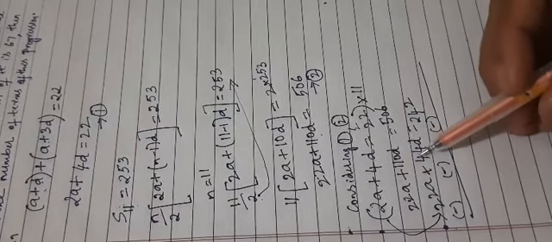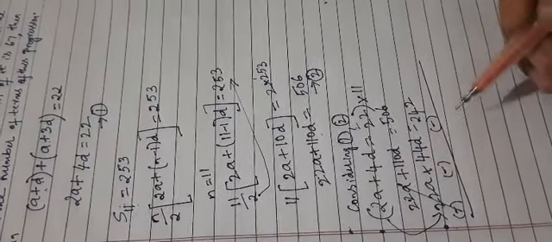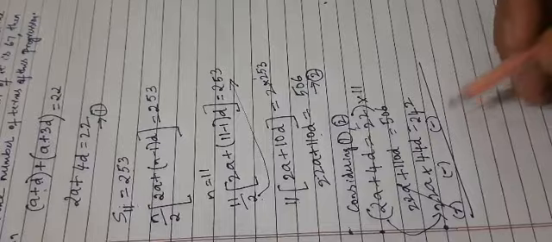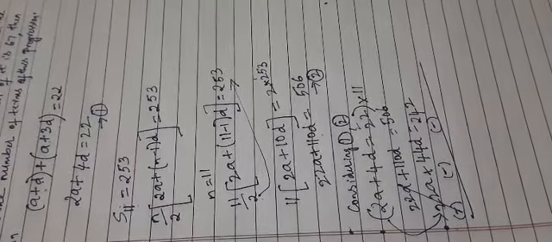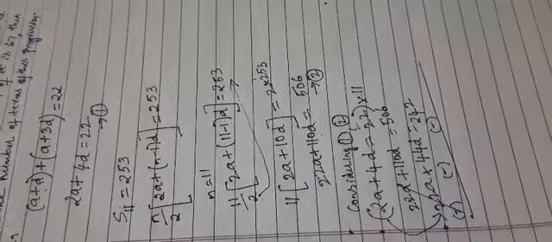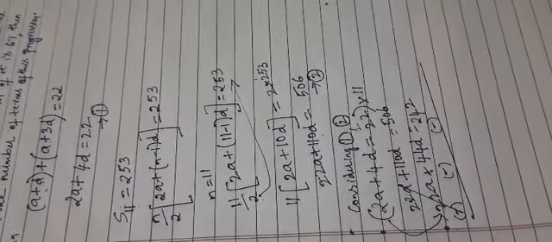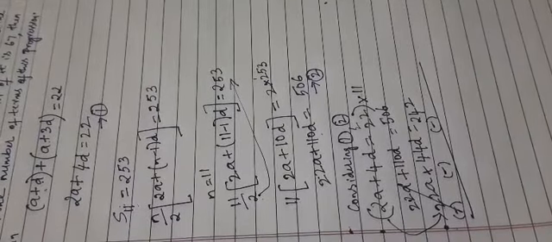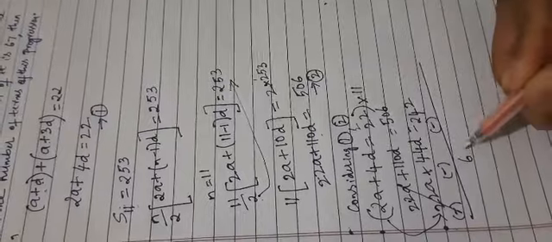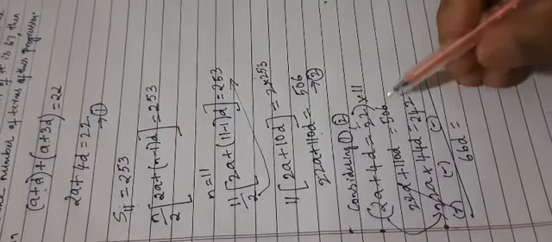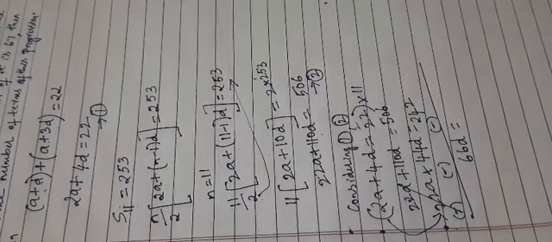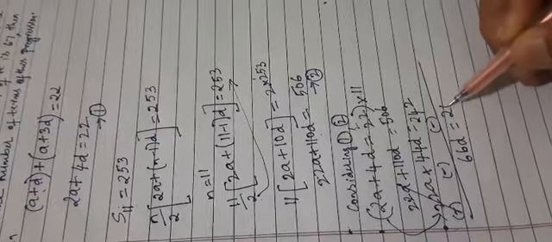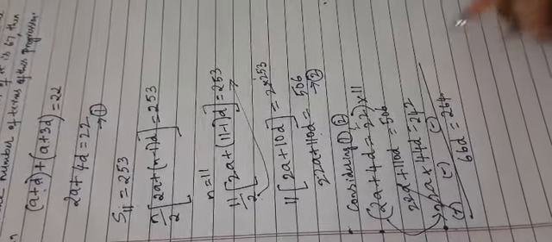Now 22 will cancel, so 110 minus 44. So if we subtract 110 minus 44 value, it is equal to 66D, that is equal to again 506 minus 242, that is equal to 264.